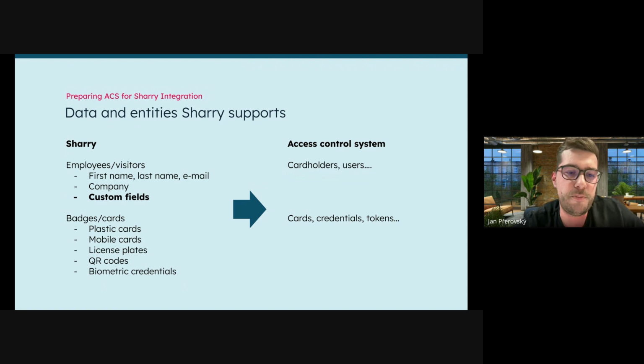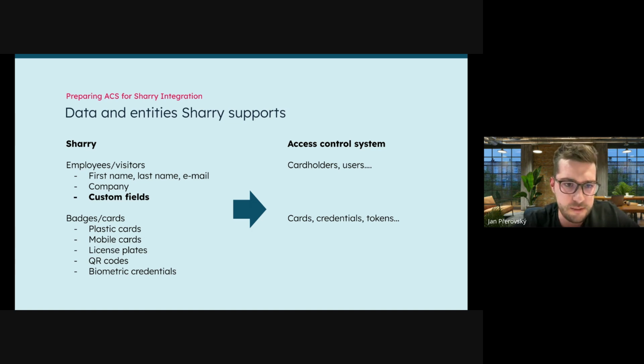Then for the badges or cards, Sharry supports actually multiple technologies. We do support plastic cards, mobile credentials, of course, license plates for cars, QR codes for visitors, and also, at the end of last year, we have also introduced biometric credentials.